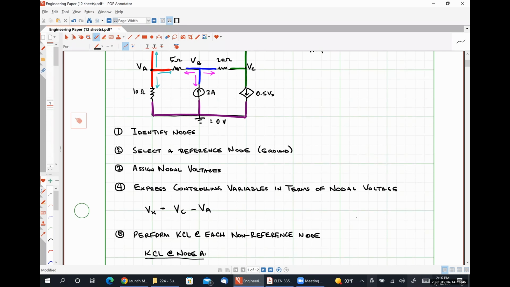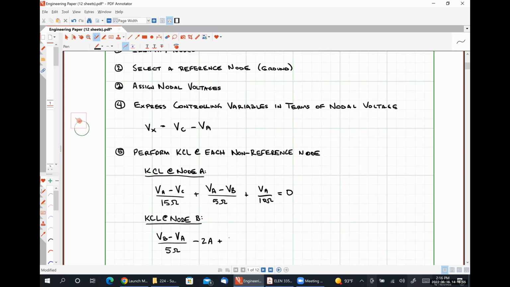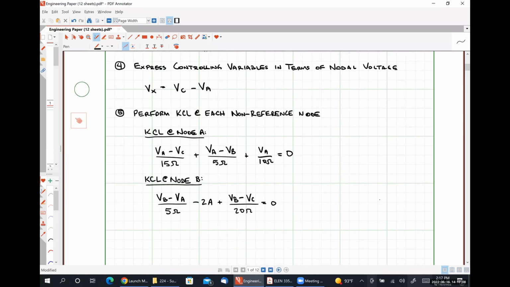This current starts at node B and flows into node C. So we're going to have VB minus VC over 20 ohms. And we're going to set this equal to 0. And now we're ready to write our KCL equation for node C.